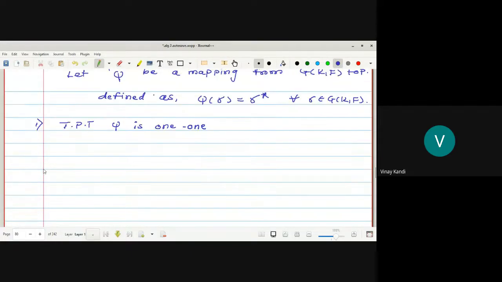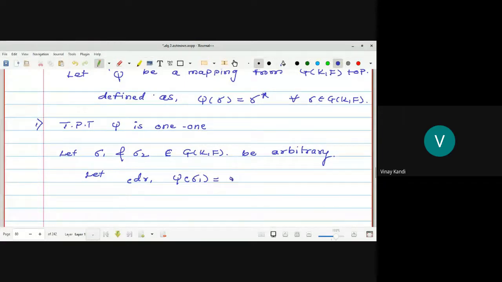Let sigma 1 and sigma 2 be two arbitrary elements belonging to G(K/F), and let the images be equal: psi of sigma 1 is equal to psi of sigma 2.